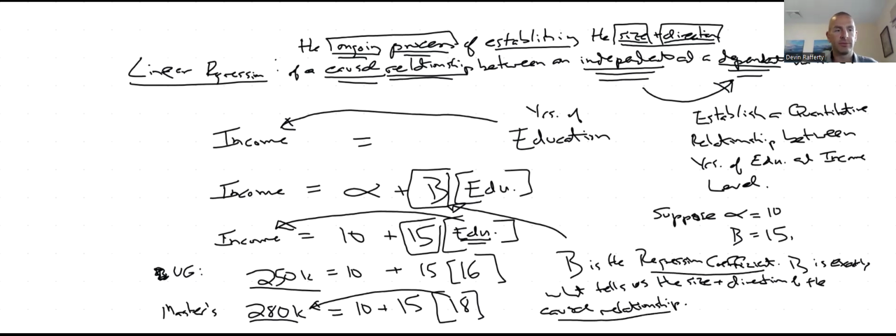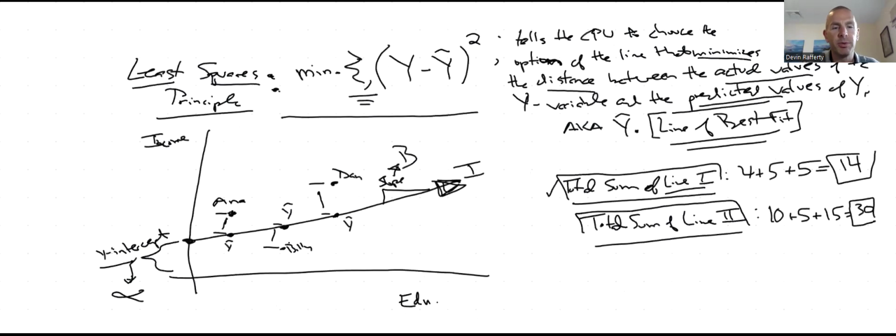Okay. So in other words, when the least squares principle gives us the line of best fit, the line of best fit is beta. That's what we're after. We get the line that has the minimum sum of squared distances.